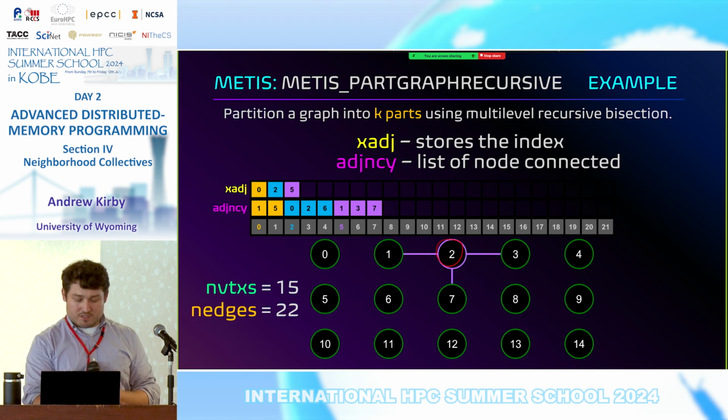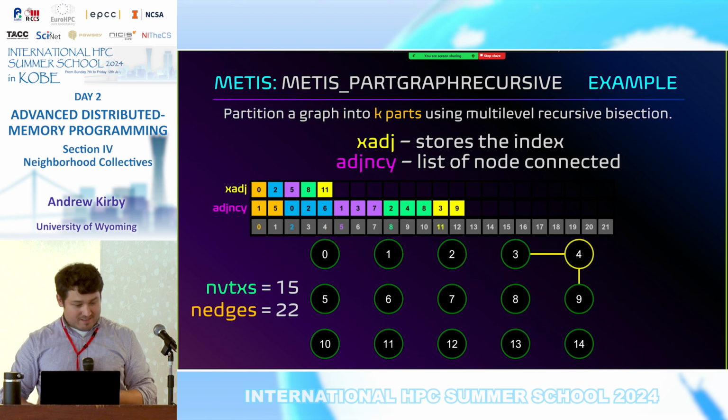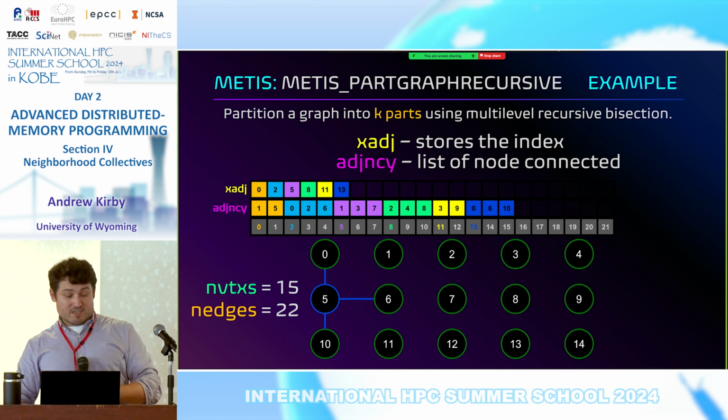So 2 talks to 1, 3, and 7. Pack it in there, 1, 3, 7. Where did it start? It started at index 5, so I put index 5 into the index buffer. Make sense? Same idea. 3 is connected to 2, 4, 8, starts at 8. 4 is connected to 3 and 9, starts at 11. Then 5 is connected to 0, 6, 10, starts at 13.